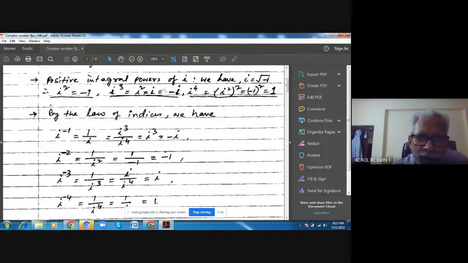Iota cube is minus iota, because iota square is -1.